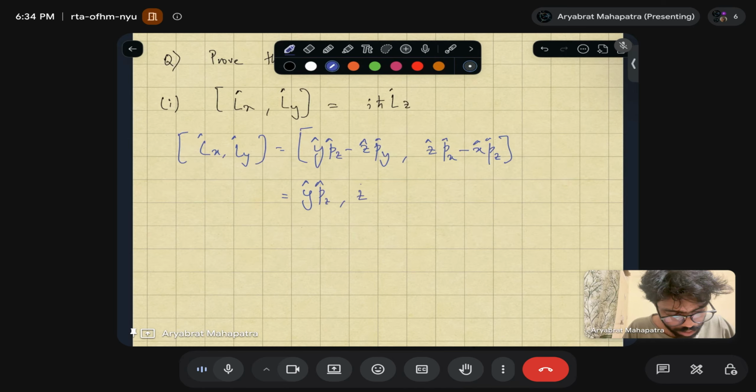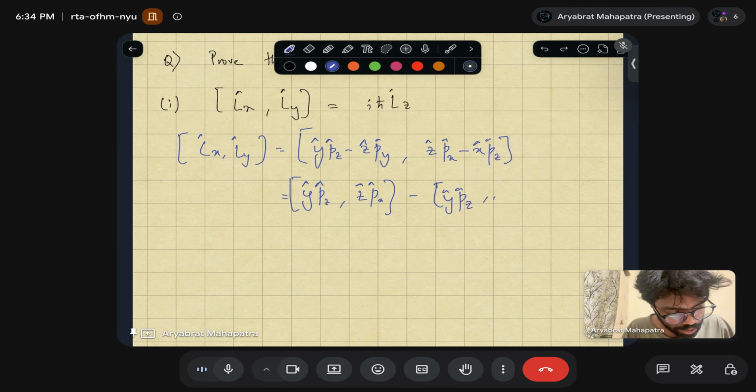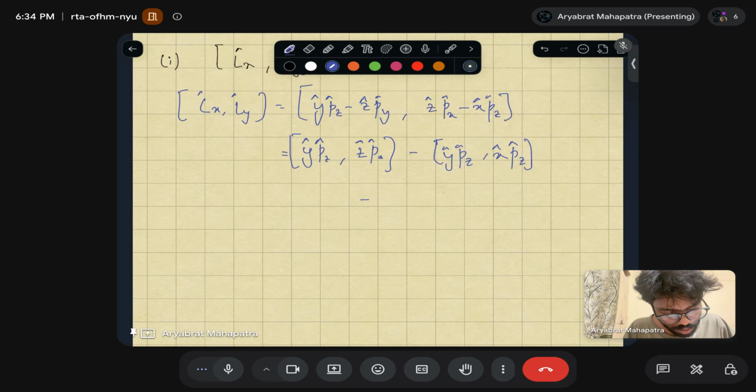So y pz with z px, then I have minus here, y pz with x pz, and you have z py with z px, then this will become plus, z py with x pz.